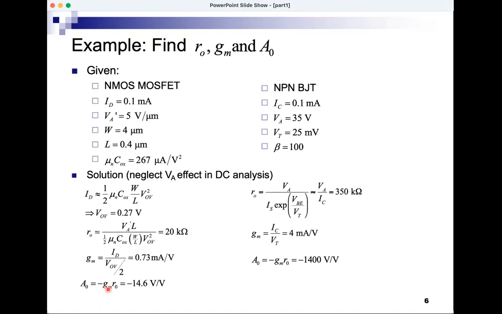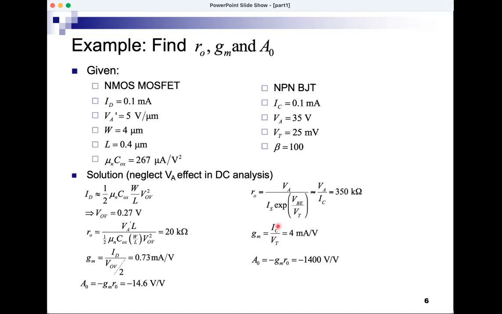It's a product of GM and RO. If you look at the GM of the BJT, it's 4. If you look at the GM of the MOSFET, it's 0.7 to 3. So GM of the BJT is greater, maybe 5 times bigger than GM of the MOSFET.